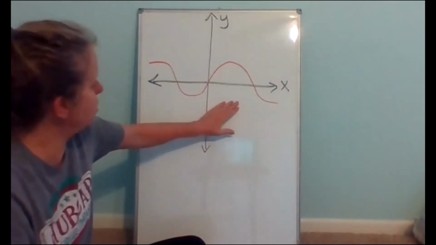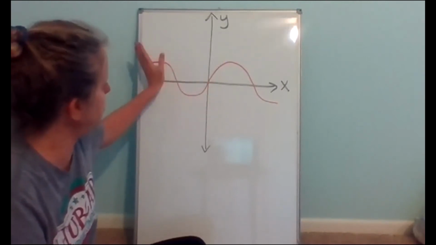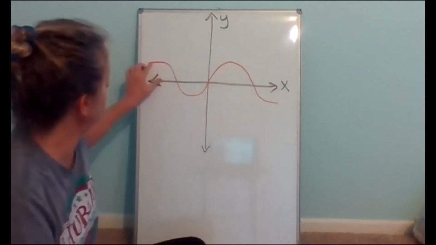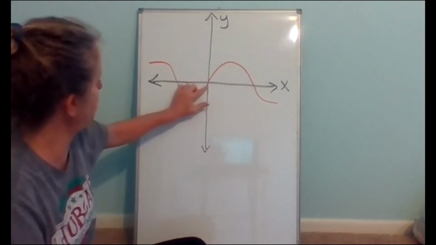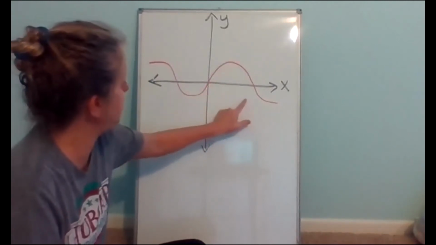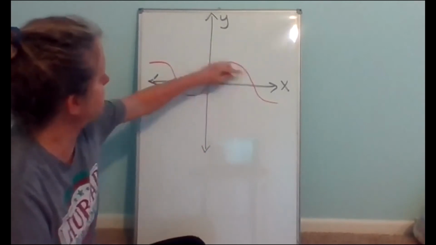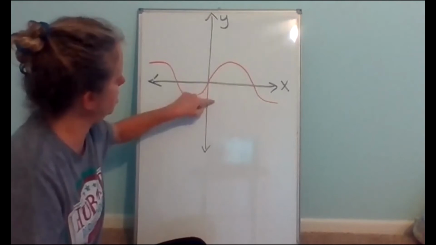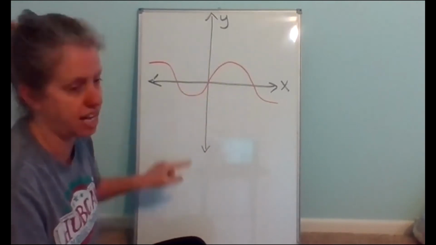It's not symmetrical with the x or the y, because if I folded this side over to this side, this hump would actually be down here, if I folded it on the y-axis. And same thing, if you folded it on the x-axis, this would come down here and the hump would be down here, not lying on this.